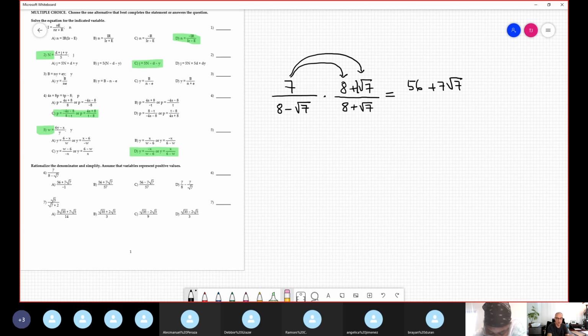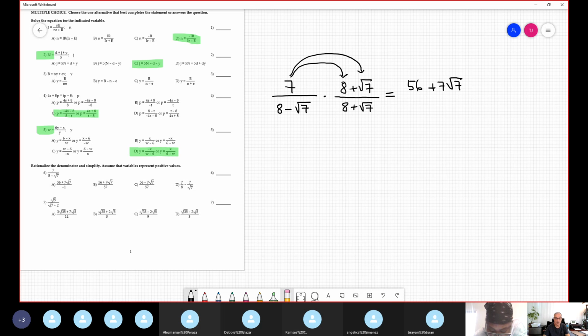Remember the multiplication is you multiply the number outside and the number inside separately. So when one number is missing, it's because it's 1. In this case you have a radical, it's also 1. So 1 times 7 is 7, and 7 times 1 is 7.